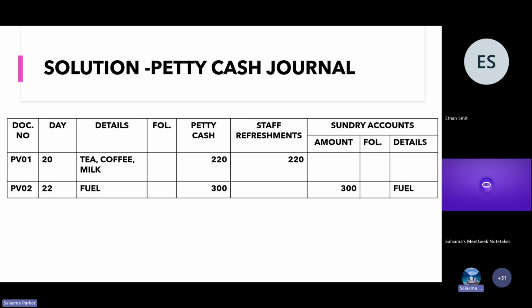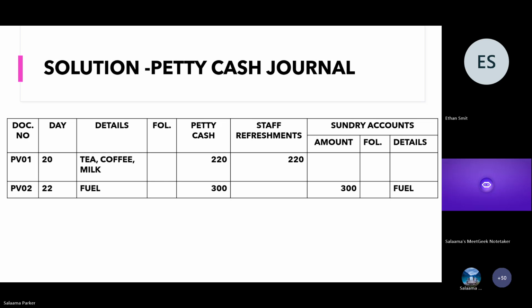Okay, but otherwise, always remember, if it's postage, you write postage. In this case, we bought refreshments from the business. What did we buy? Tea, coffee, milk. So that is what we will write. Okay. Again, it goes into petty cash, and because we have a staff refreshments column, it will go there.